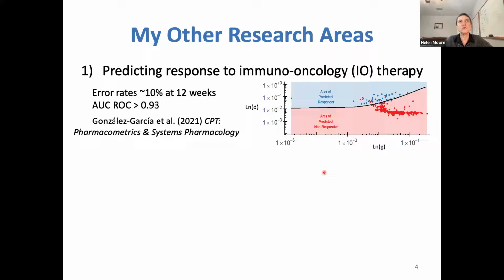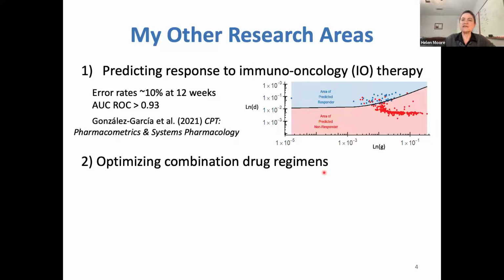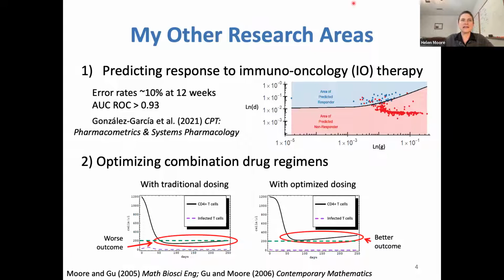This other work is really my major focus: optimizing combination drug regimens. Just one quick example, for the case of HIV therapies. Here you can see two different regimens. One is traditional constant level dosing; I'm not showing the regimens. The other one is optimized: same total amount of drug for the patient, different schedule. And we can compare the outcomes.